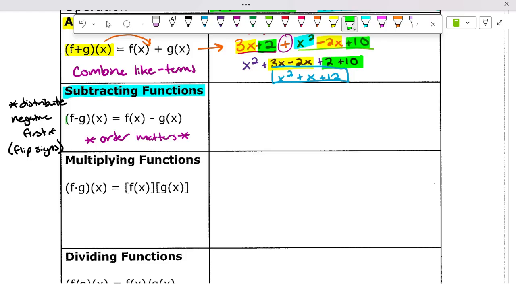So, for example, they said f minus g of x. It's the same thing as f of x minus g of x. I have to write f of x first. All right, so I'm going to write 3x plus 2, that's f of x, minus, and I'm going to put parentheses, because remember, this minus applies to all of g of x: x squared minus 2x plus 10.